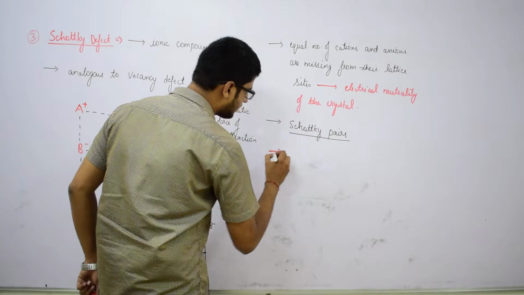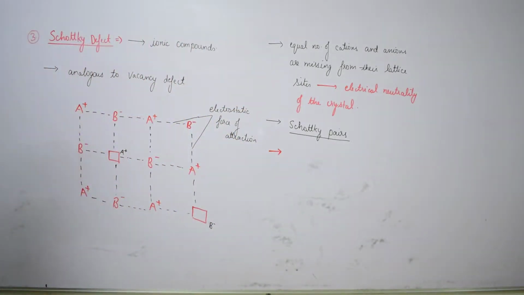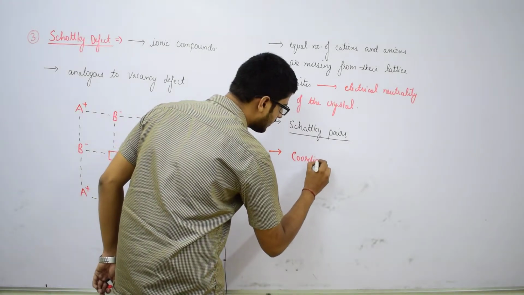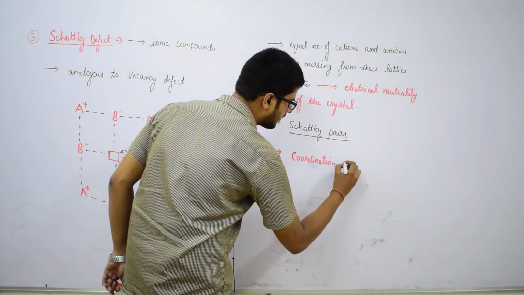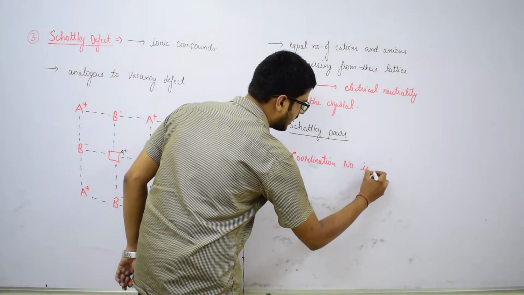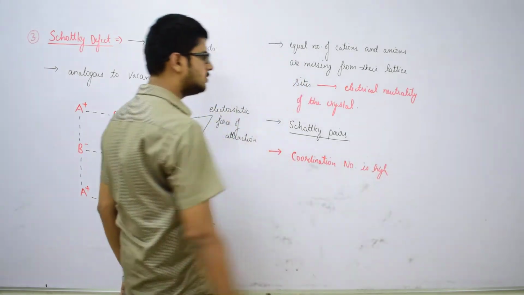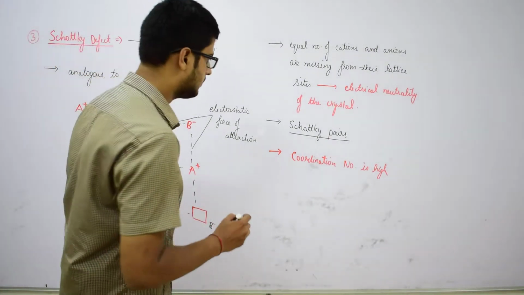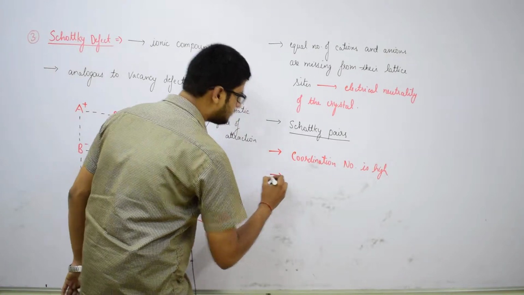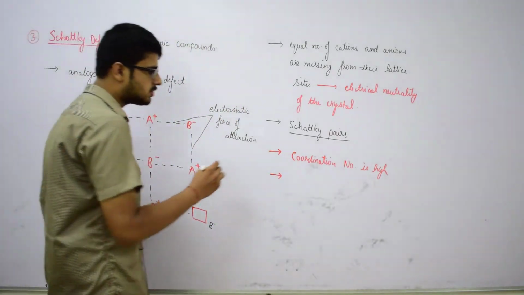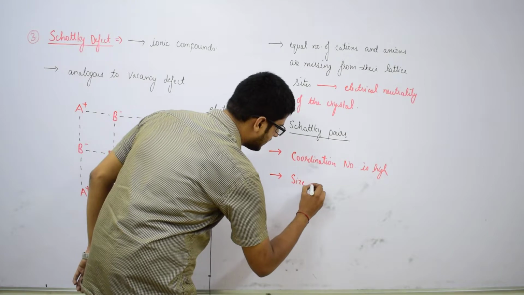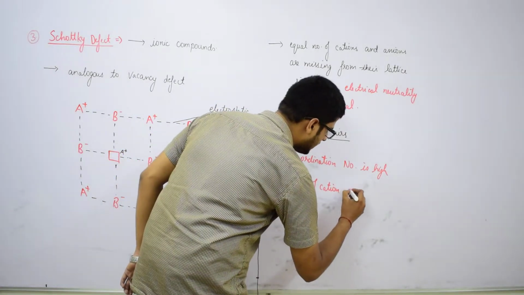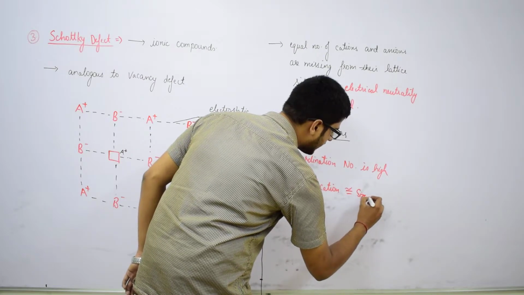Next point, it is found in those ionic compounds in which coordination number is high, it is more. Next point, it is found in those ionic compounds in which size of cation is nearly equal to size of anion.